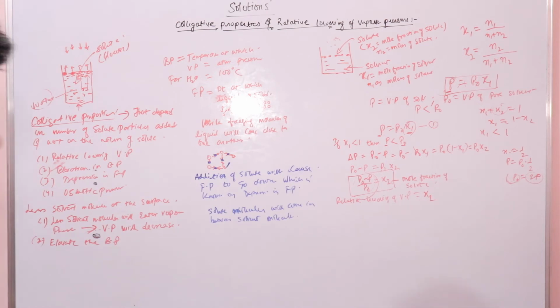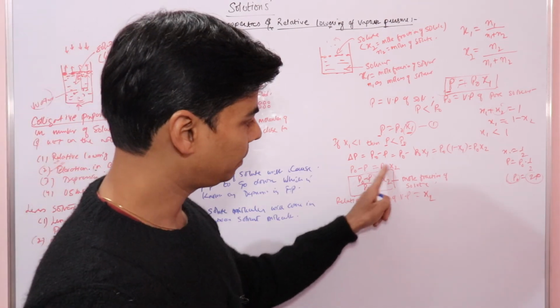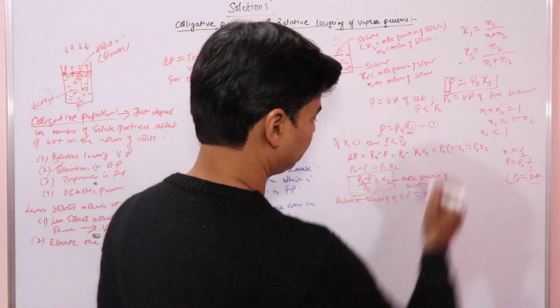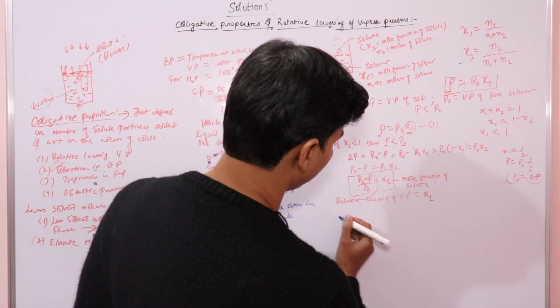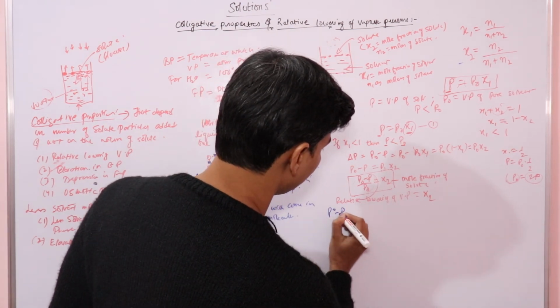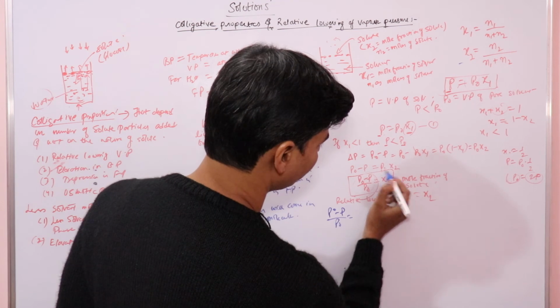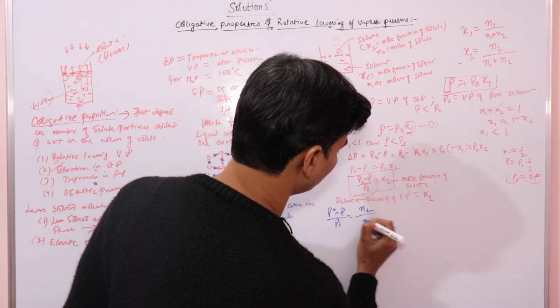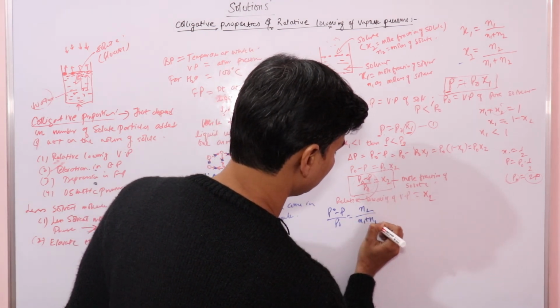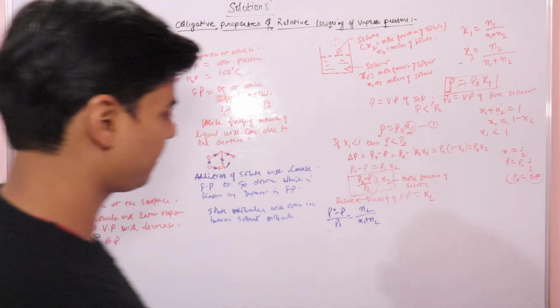So now I'll put the value of x2 from here. (P0 - P)/P0 equals n2 upon n1 plus n2, right?